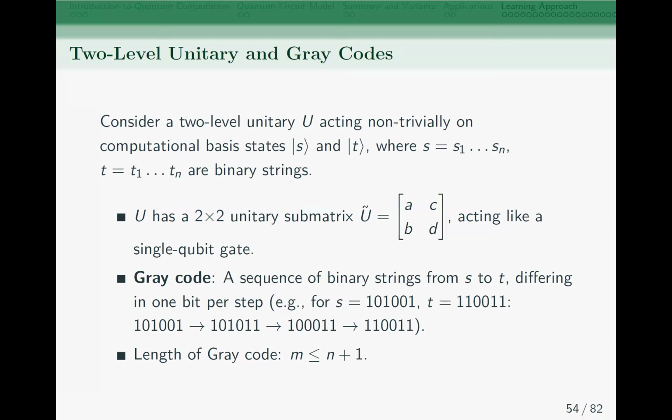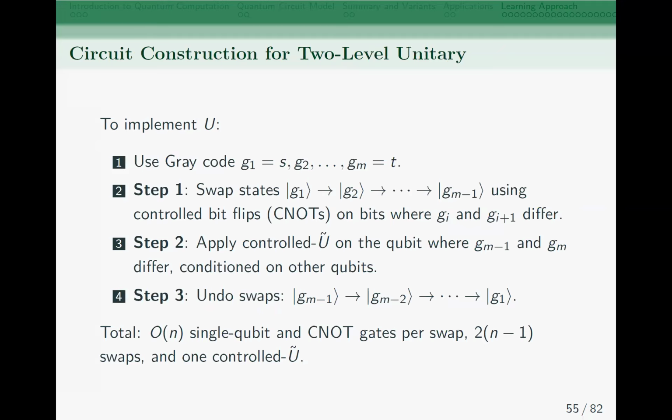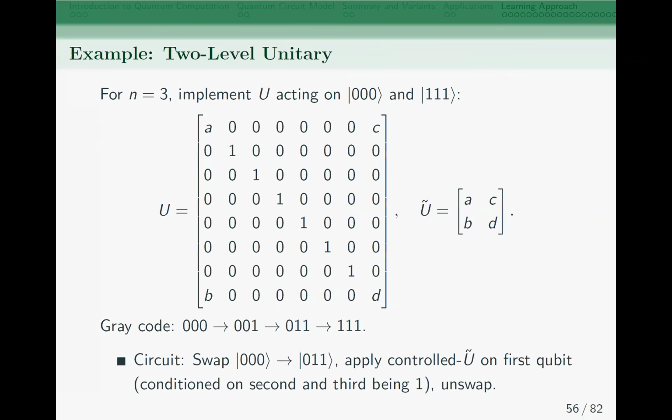So that's fine. Now let's say I consider a two-level unitary U applied on some configuration of states S and T, and then I construct all these variables. Okay, so now the magic happens. This is what people developed. Let me use an example.